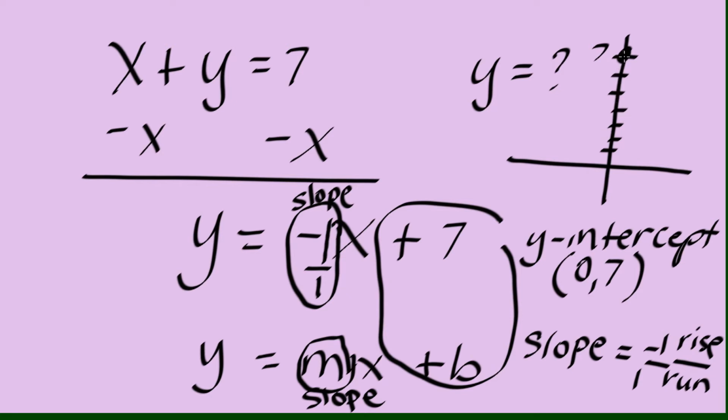So you're going to start counting rise and run from the 7. So a rise of negative 1 means you go down 1, and then run to the right to get your second point. And here's the first line right here.